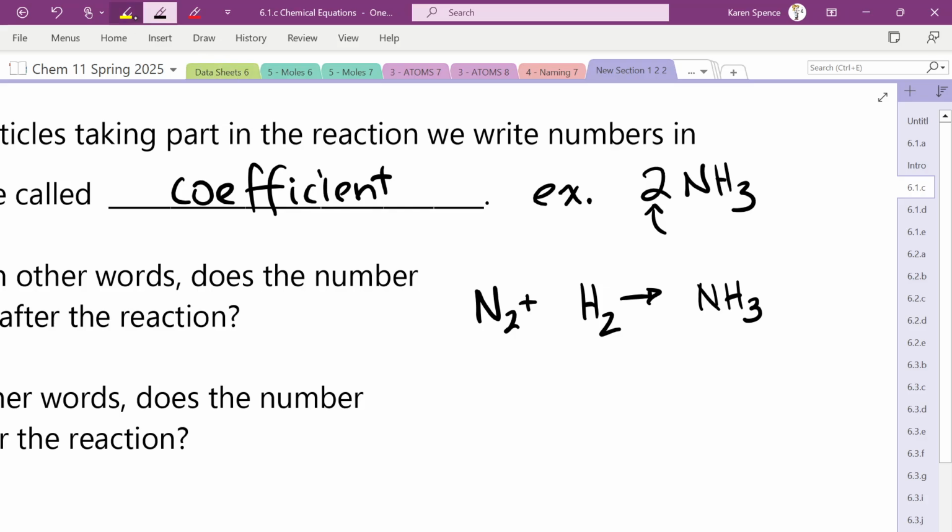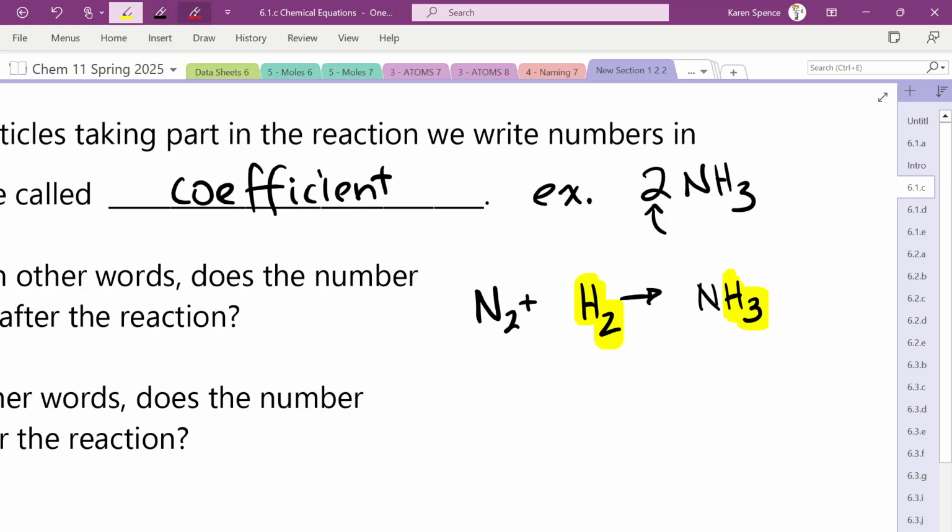And I'm going to give you a little preview of a trick for balancing. Anytime you have an odd number and an even number of a particular atom, we have 2 H's and we have 3 H's, you can find the lowest common multiple of those two numbers. What is the lowest common multiple of 2 and 3?